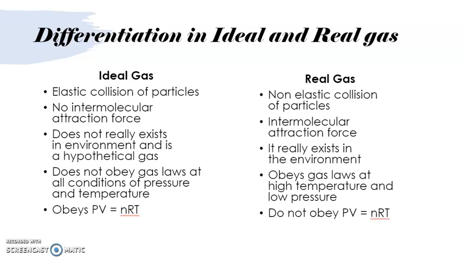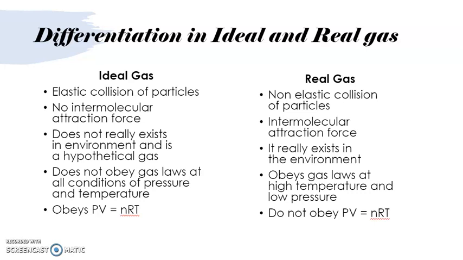Ideal gas has elastic collisions between molecules or particles, whereas real gases have non-elastic collisions. No intermolecular forces of attraction are there in the case of ideal gas, but substantial intermolecular attraction forces are present in real gases. An ideal gas does not really exist in the environment and is a hypothetical gas.